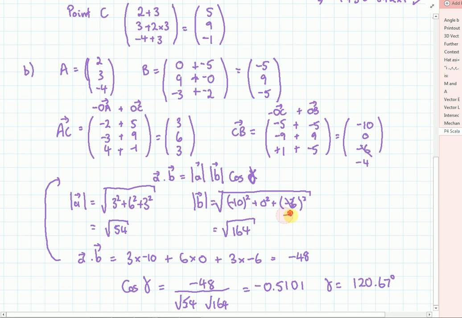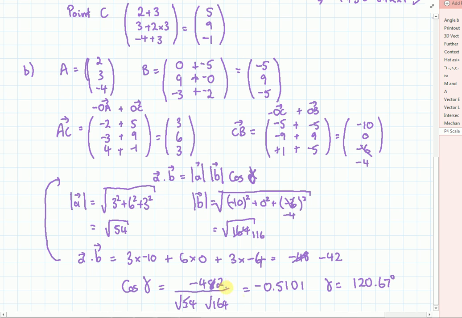Just noticed here, we've got now a minus 4. So that should be minus 4 squared is 16, so that's 116. That also changes the product of this last part, minus 4. So that's minus 12 plus 30 is minus 42.